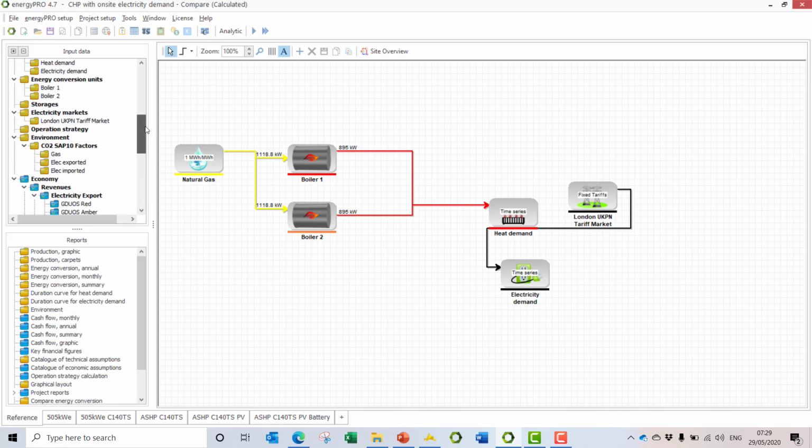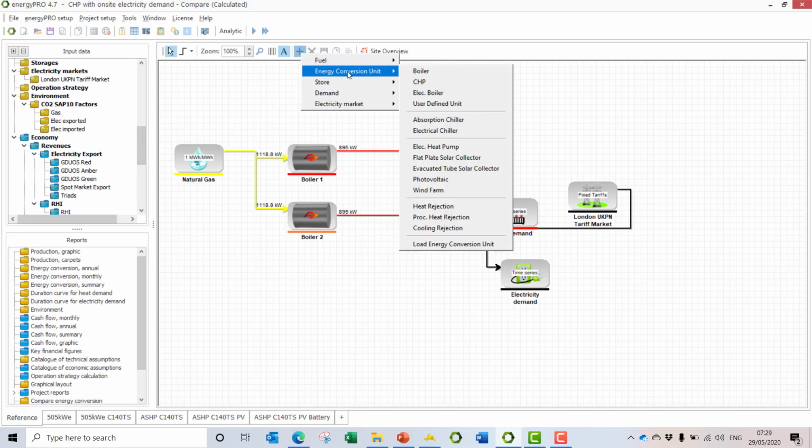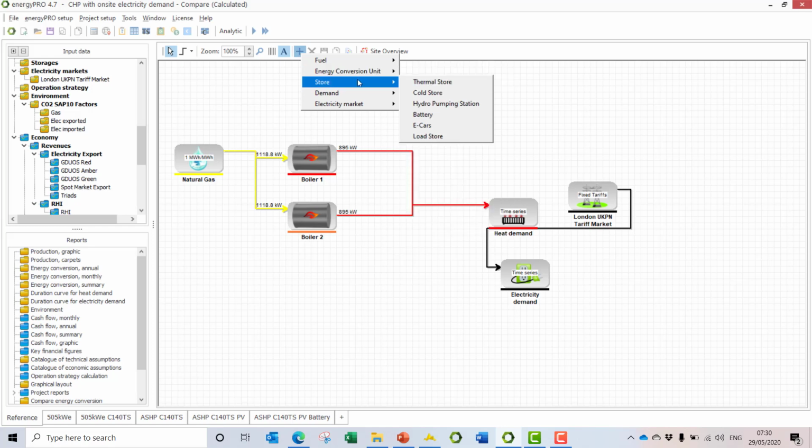So you can model pretty much any financial arrangements that you might need, as well as, if we looked here, you'd be able to see we can add lots of different types of energy conversion unit, from boilers as we've got here to CHP, types of chiller, renewable systems, heat pumps, solar thermal, photovoltaics, wind farm, and types of rejection, so you might be rejecting heat potentially, and storage, thermal storage, cold stores, even batteries, even hydro pumping, and electric vehicles in a sort of V2G mode.